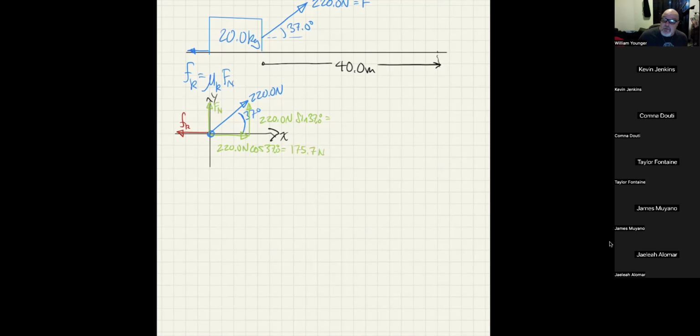And then I'm going to clear that, and I'll do 37 sine, and that gives me essentially 0.6 times 220. That's going to give me 132.4 newtons. Okay, that's 4 sig figs and 3 sig figs. So really that's 1 extra sig fig, and that's 1 extra sig fig there. Everybody understand what we did now?